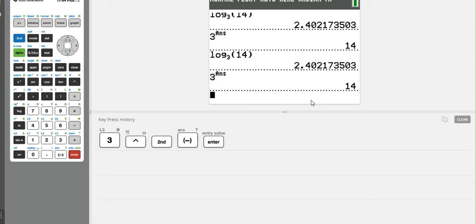There you go. 3 to the power answer equals 14. So nice. A nice little thing to keep around. Now I can't do this again because this answer variable now has the value of 14 in it. So if I did 3 to the 14th, I get a really, really big number, but at least it helped me check it for that one.